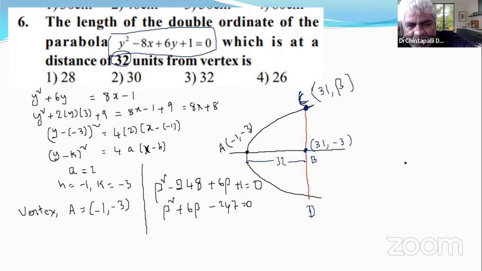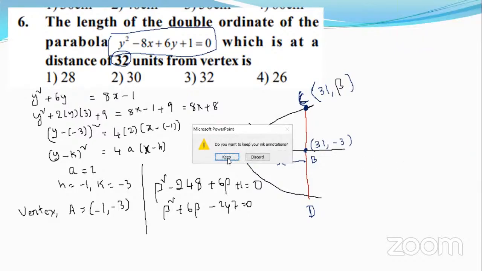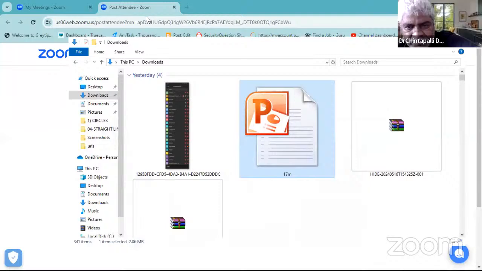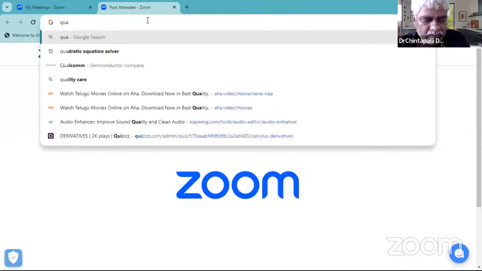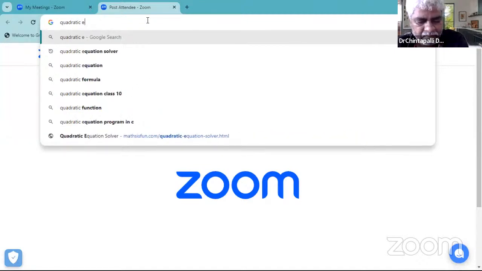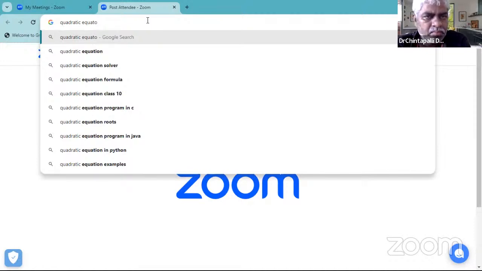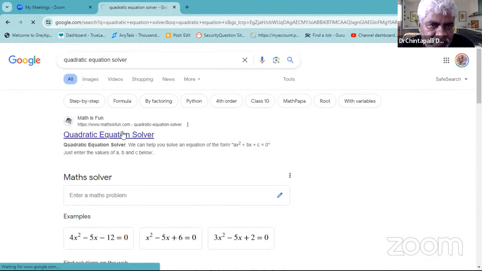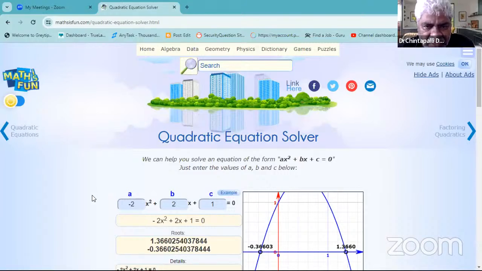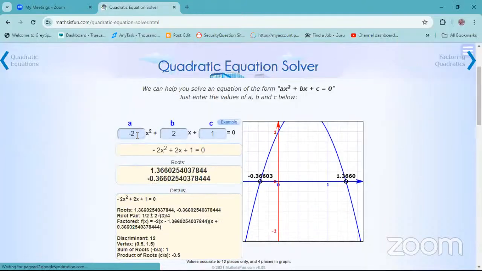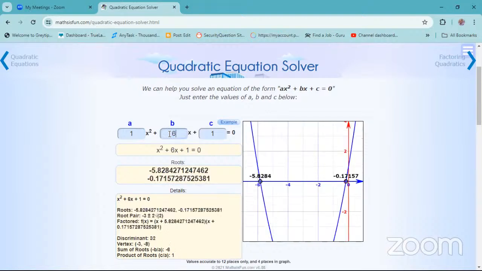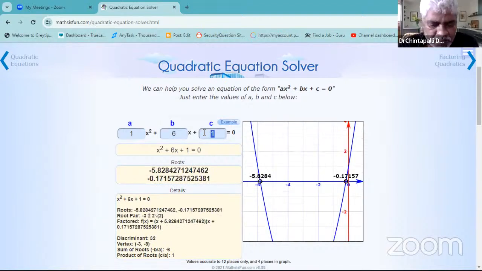Enter the coefficients of this quadratic equation: beta squared has coefficient 1, then plus 6 beta, so 6, and the constant is negative 247.